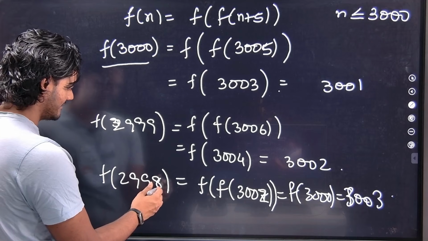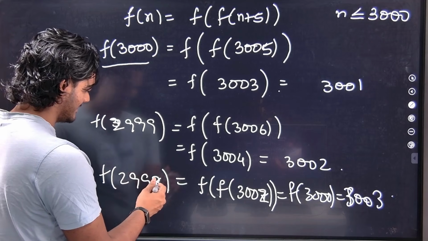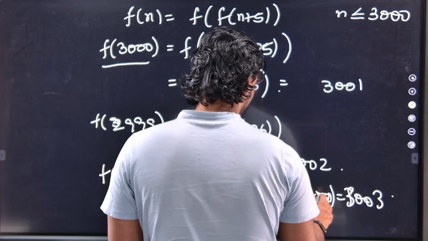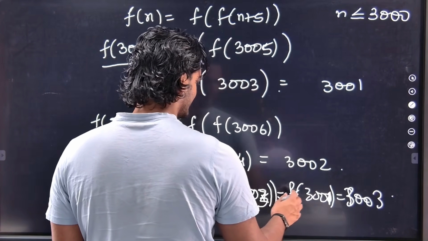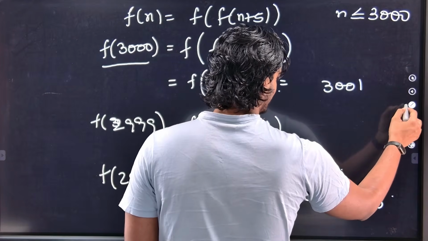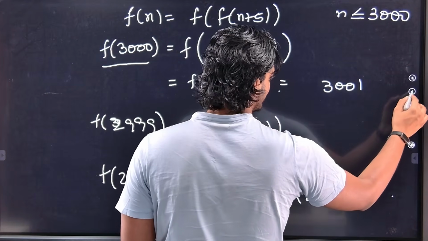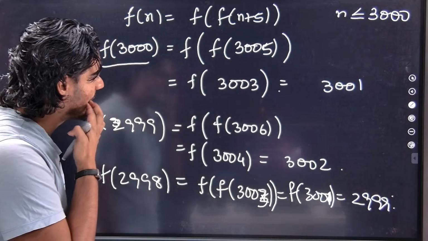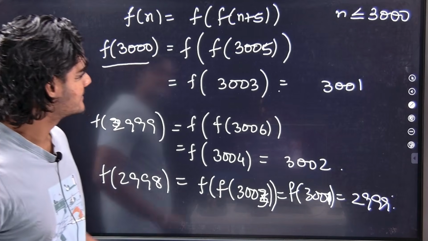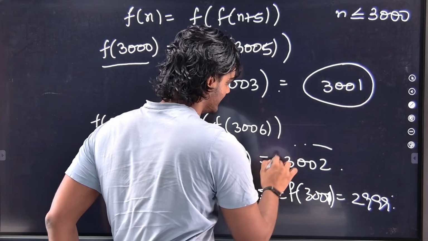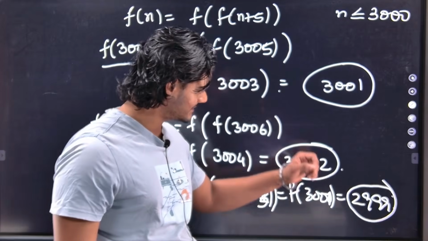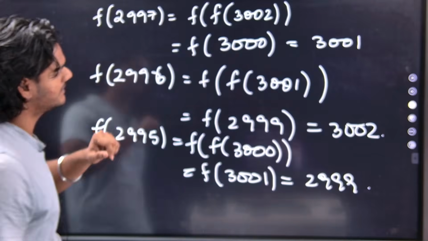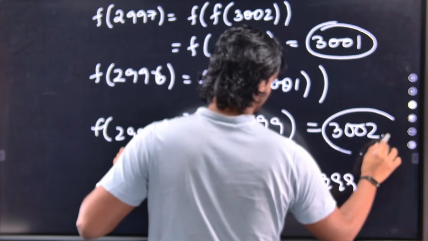So if I add 5, I'll get 3003, and f of 3003 will be 3001. F of 3001 will be f of 2999. Yeah, okay. So don't make these kinds of mistakes. All right. So 3001, 3002, 2999. This has to repeat, and it is repeating.